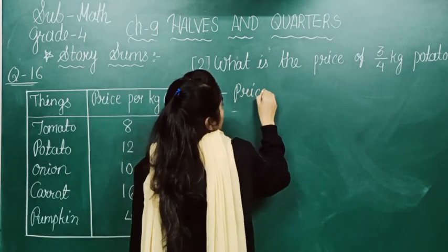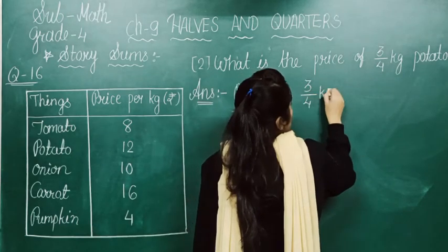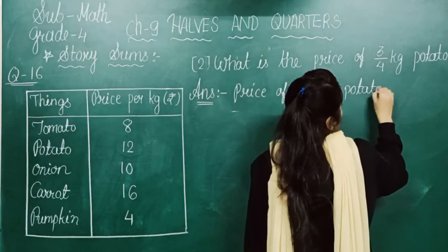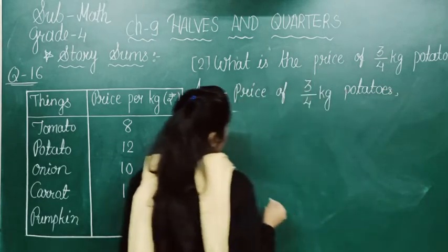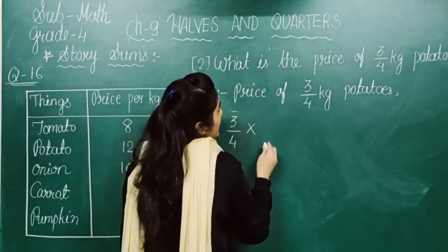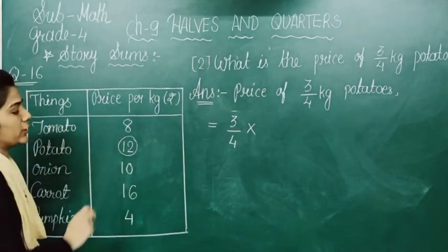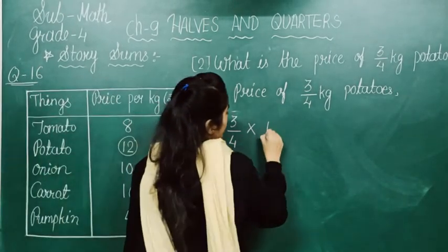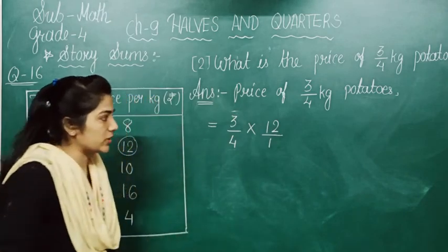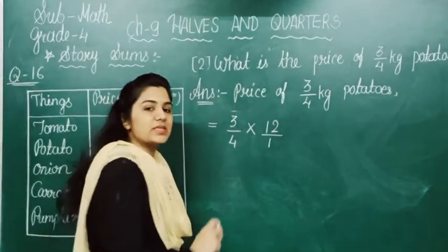Price of 3/4 kg potatoes, 3/4 multiplied by 12. Why? Because the price per kg of potato is given as 12 rupees. Now directly we can do cross division. 12 is in the place of numerator and 4 is downside.